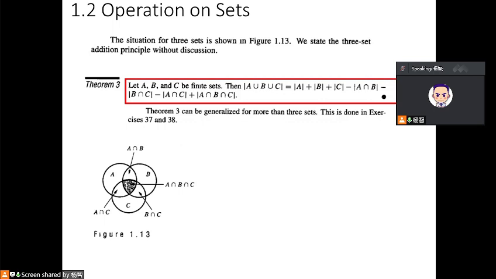But if there are 3 sets, the cardinality of the union of A, B and C is equal to the cardinality of A plus the cardinality of B plus the cardinality of C, minus the cardinalities of the intersections of AB, BC and AC, plus the cardinality of the intersection of A, B and C. This theorem 3 can be generalized for more than 3 sets.